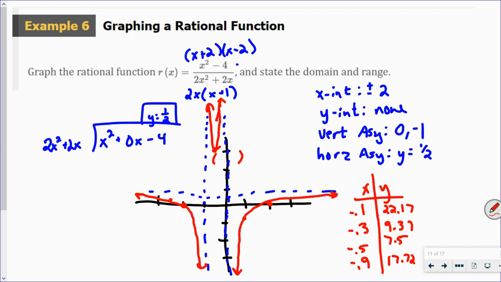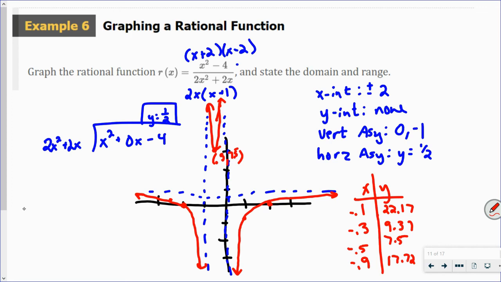You are between X being -1 and 0. Okay, it's calculating. So this point is actually about -0.5, 7.5. Okay. And that helps us for our domain and range.